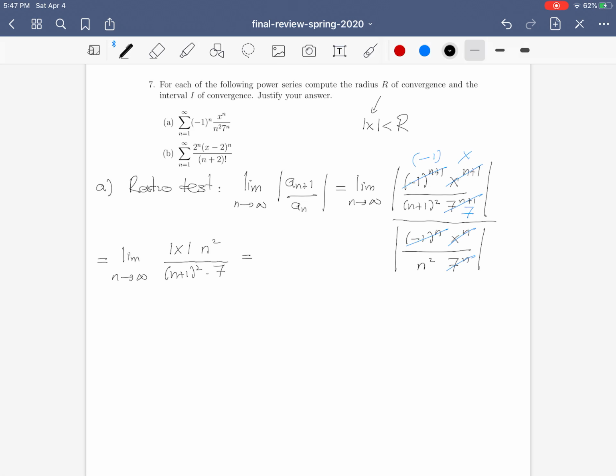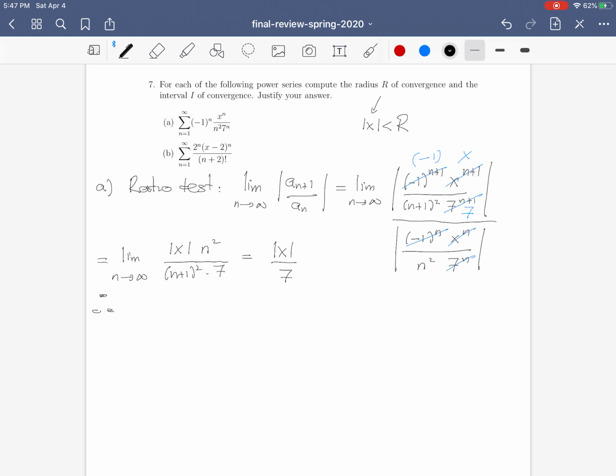So now in our numerator we have n^2, and in our denominator we have (n+1)^2. Taking the limit as n tends to infinity, that ratio tends to 1. So we're left with the absolute value of x divided by 7.